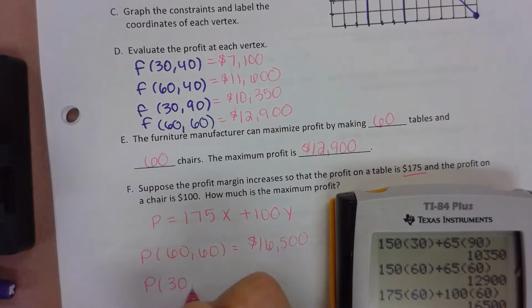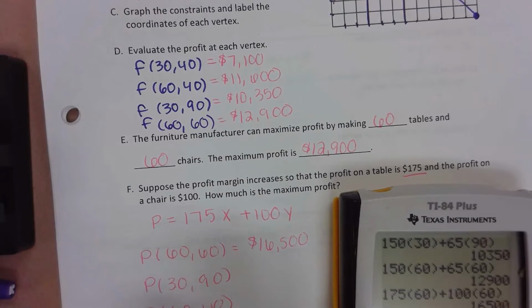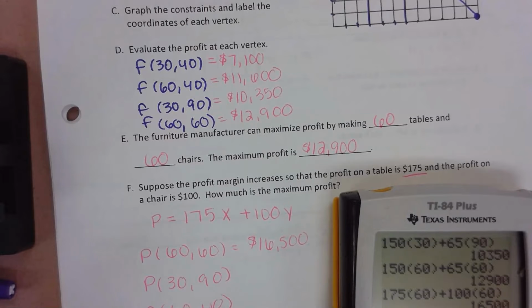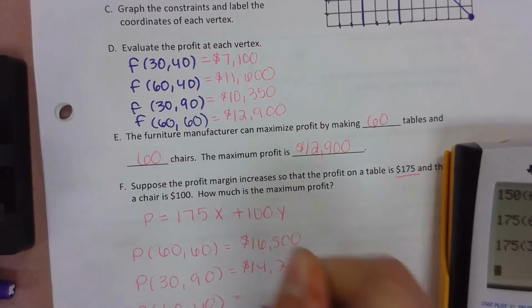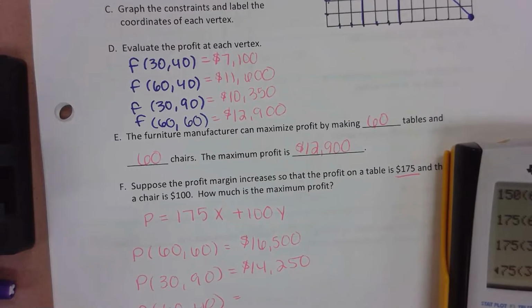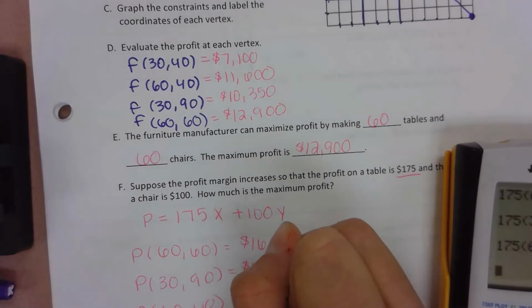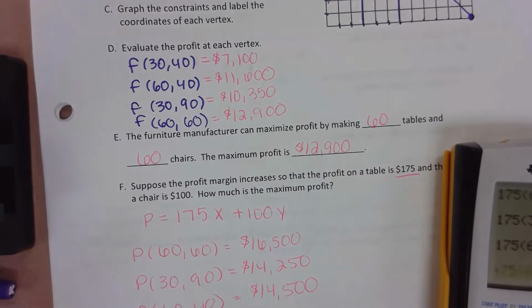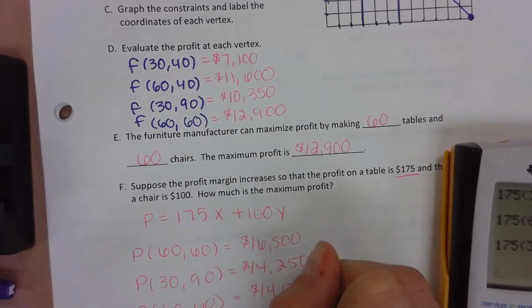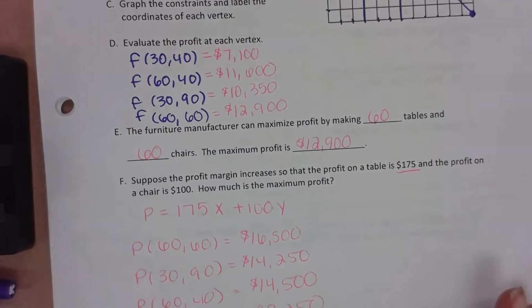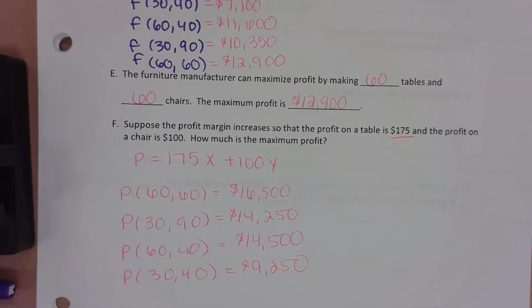Let's do 30/90, 60/40, and the one I know isn't going to win, 30/40. Yep. Same point.